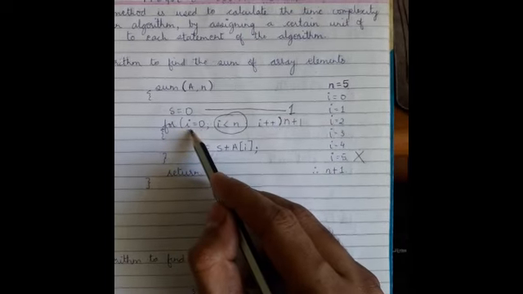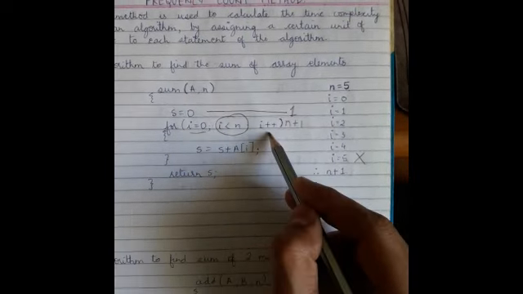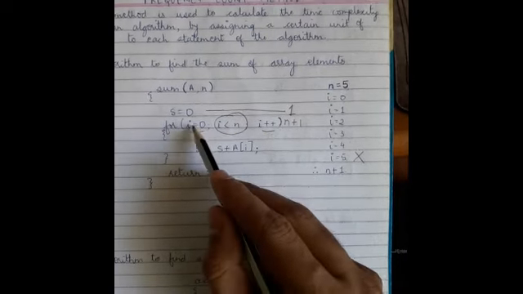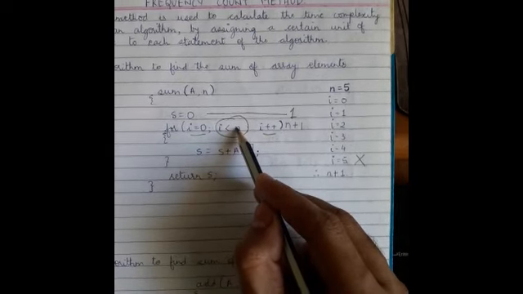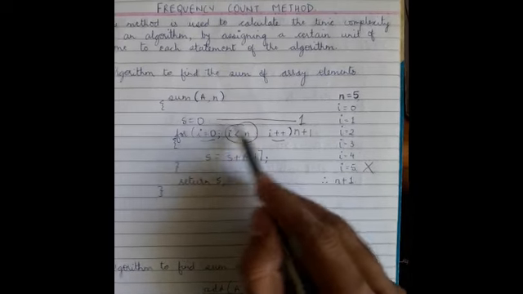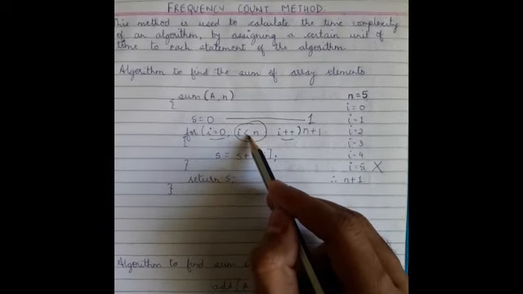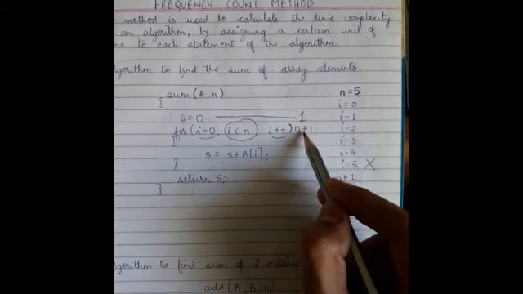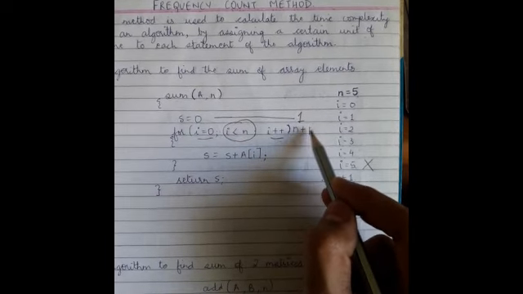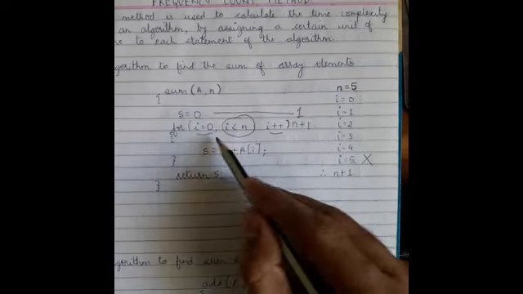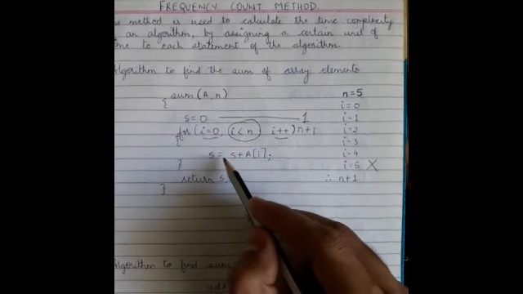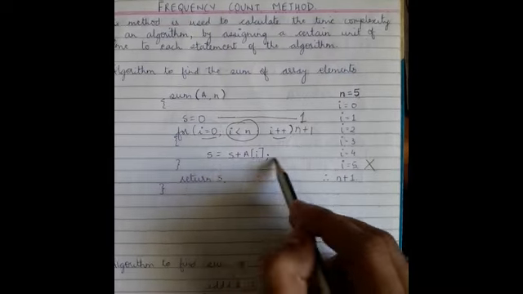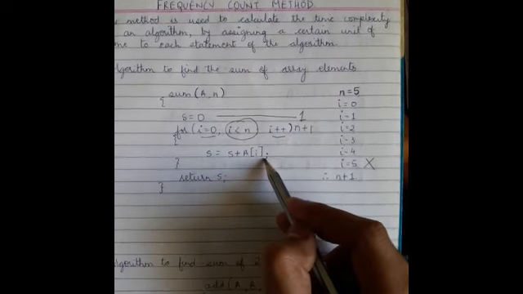We are not interested in the initialization and the post increment that is happening inside this for loop. We are only interested in this condition because the loop will execute only based on this condition. So this statement will take n plus 1 time units for execution. Coming inside this loop, S is equal to S plus A of i. This statement is calculating the sum of all the array elements.